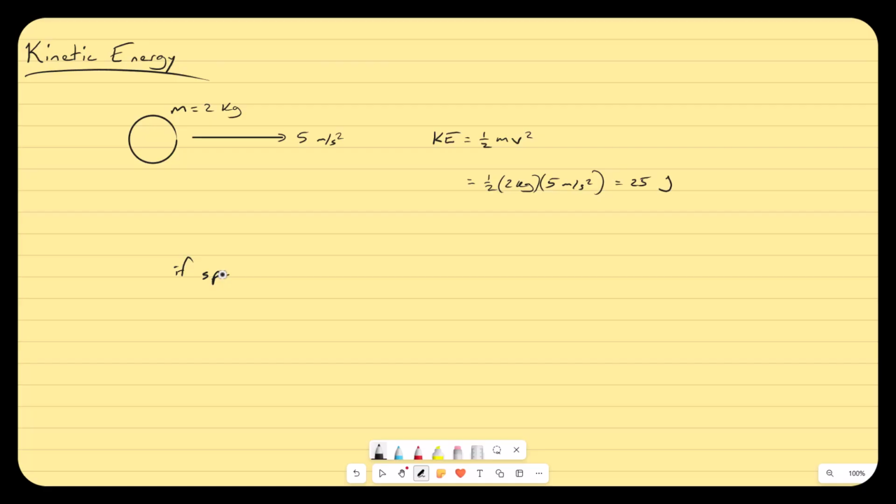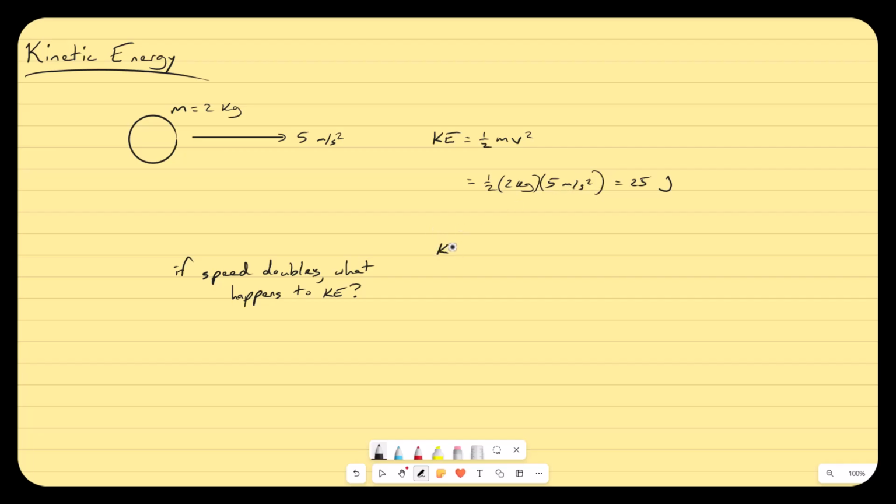So if the speed doubles, what happens to the kinetic energy? There are a couple ways we can do this. The most direct, of course, would be to just double the speed in here.